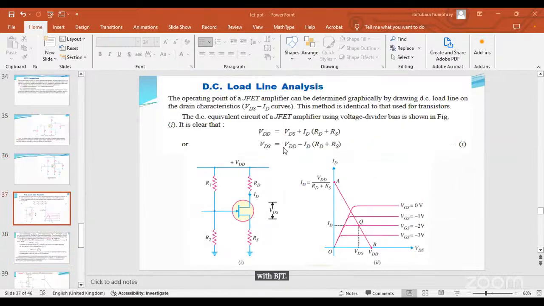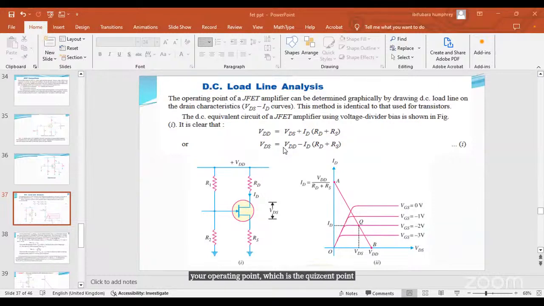So this is load line analysis. Remember that your load line is a line that joins your saturation point to the cutoff point, and within the line you have your operating point, which is the quiescent point.